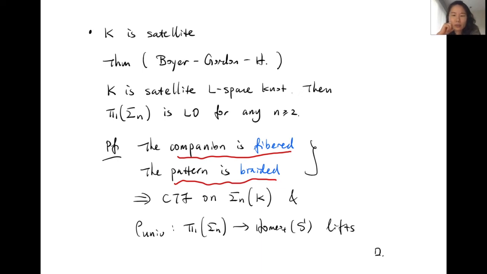And so here we are first going to construct CTF on the cyclic branched covers.